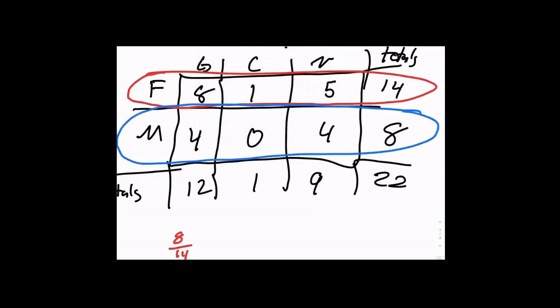So you can do the work directly in your table. On this side we're going to divide this by 14, this by 14, and this by 14, and I can write this information right into my table. That will help me do these problems a little easier.